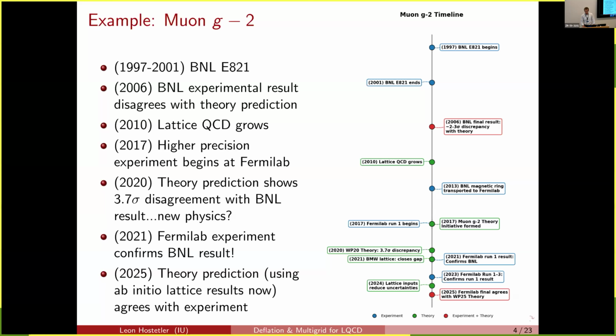And in 2025, roughly the same time that Fermilab posted their final result, the G-2 theory initiative, now basing their calculation largely on lattice QCD inputs, came out with their result, and they agreed. So theory and experiment now agreed, and apparently there was something wrong with the earlier data-driven approach to calculating this quantity.